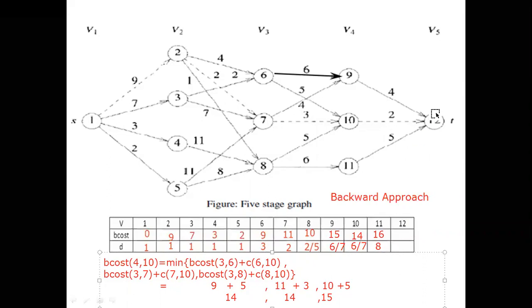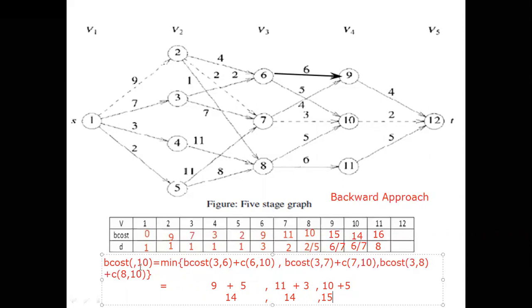Now we will do for 12. There are 3 paths. Anyway, we wrote the formula. Now I will update those values. 4 I should remove. 10 I should remove.